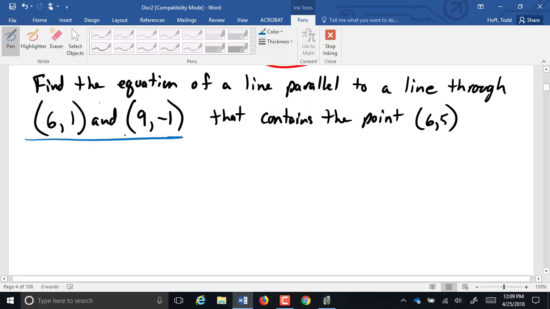So these 2 points here are defining the original line. The original line parallel to the line that goes through those 2 points. And then the new parallel has to go through the point or contain the point 6, 5.